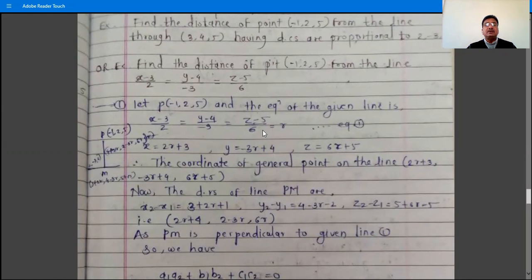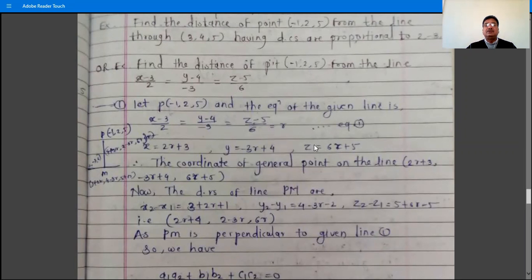Okay, so let each ratio be equal to r. Then x is equal to 2r plus 3, and y is minus 3r plus 4, not minus 9, it is minus 3. And after comparing, z is 6r plus 5.